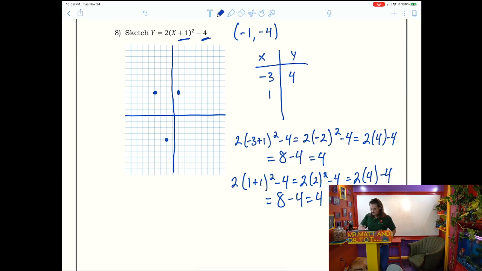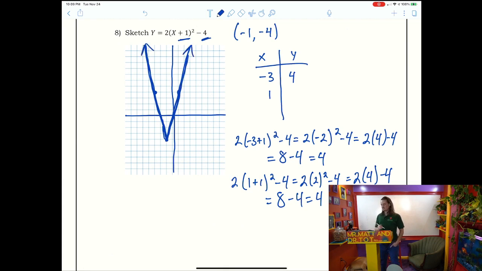Now we have our 3 points, and we can sketch out a graph. That'll look something like this. I apologize, I'm not an artist at all. It's terrible. There we go. Something like that. As long as you have the 3 points, you're all good.